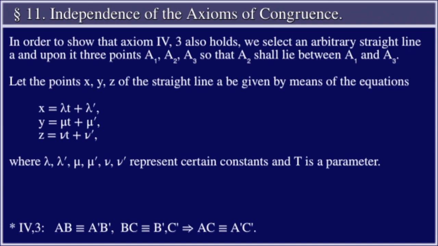Let the points x, y, and z of the straight line A be given by means of the equations x equals lambda t plus lambda prime, y equals mu t plus mu prime, and z equals nu t plus nu prime, where lambda, lambda prime, mu, mu prime, nu, and nu prime represent certain constants, and t is a parameter.